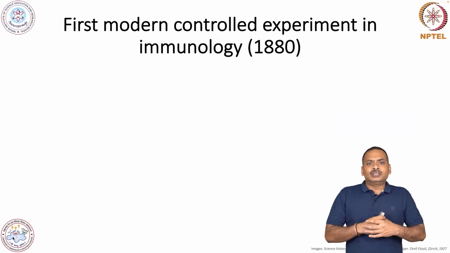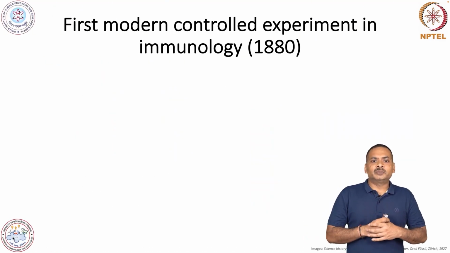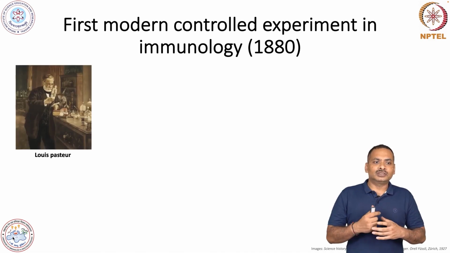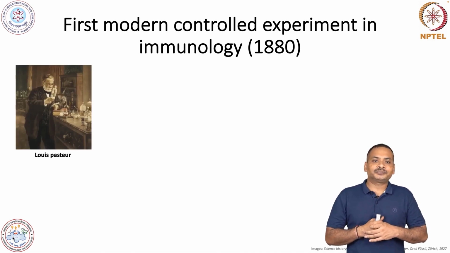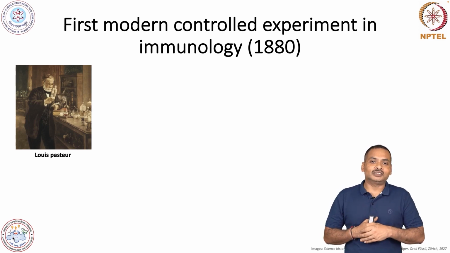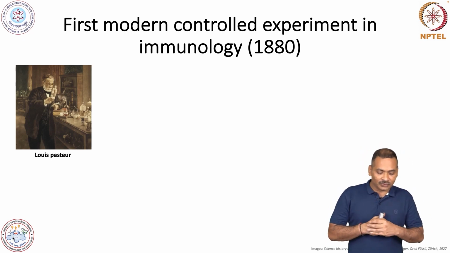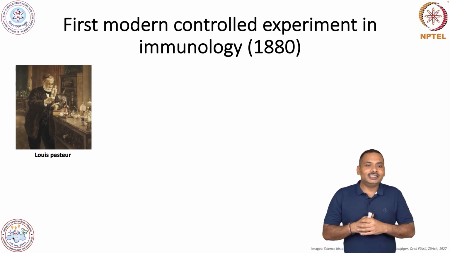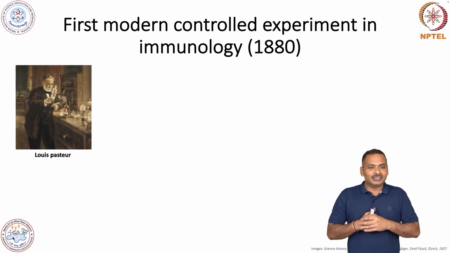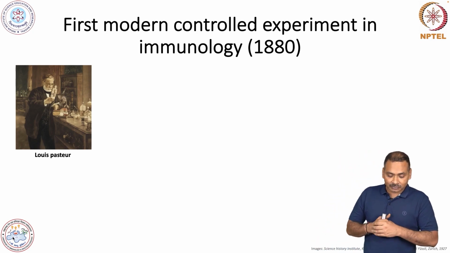So later on, the first modern controlled experiment in immunology was started in the 1880s by Louis Pasteur. You probably remember Louis Pasteur made various kinds of work, and he made one very interesting observation.